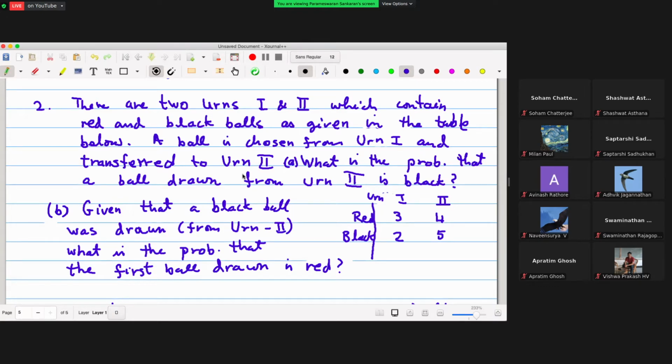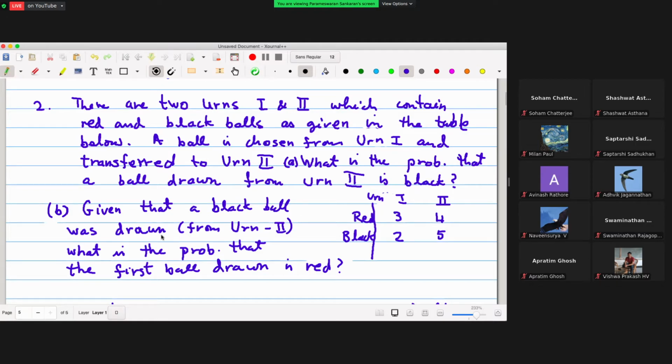There are two urns, urn 1 and urn 2, and they contain red balls and black balls. The composition is 3, 2 for urn 1, and for urn 2 it is 4 and 5. What is the probability that the ball drawn from urn 2 is black?